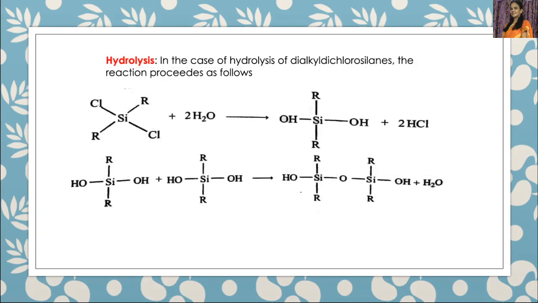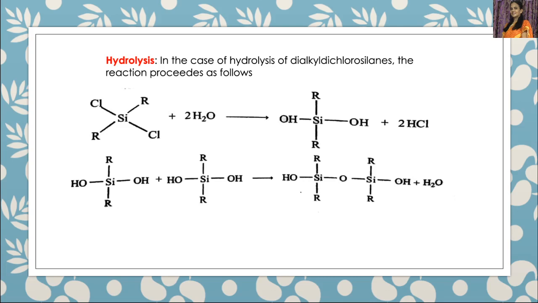Next one, hydrolysis. Here, in the case of hydrolysis of dialkyl dichlorosilanes, the reaction proceeds in this manner. Dialkyl dichlorosilane: two alkyl groups, two chlorine atoms present. This is the example of dialkyl dichlorosilane, which undergoes hydrolysis. Then what happens? These two chlorine atoms are replaced by OH groups.